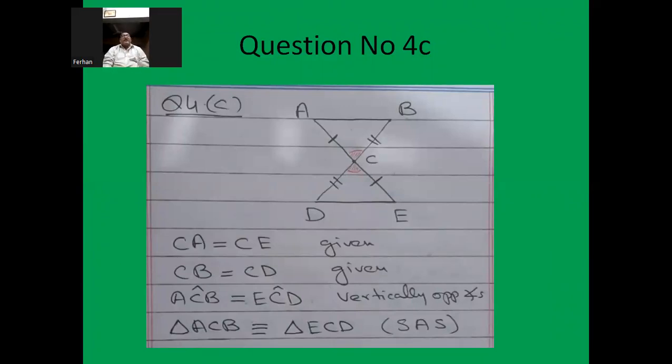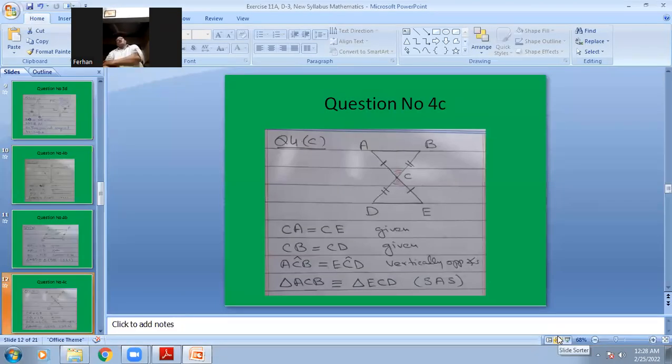So the triangle ACB is congruent to the triangle ECD, and the reason is side angle side. So two sides and the included angle in one triangle are equal to two sides and the included angle in the other triangle. So that was question number 4, C part.